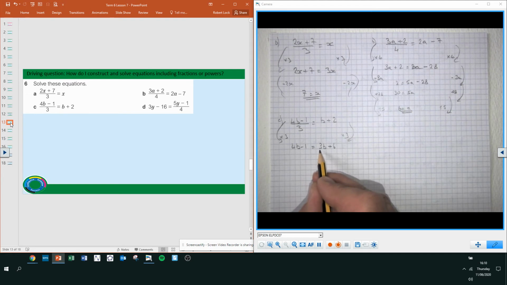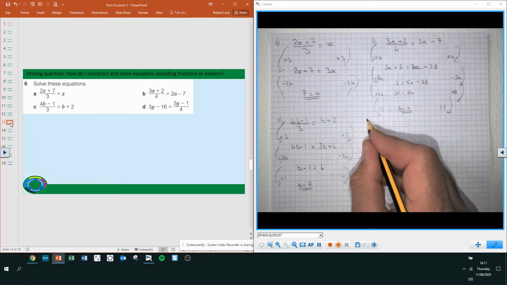I need to get rid of the 3b, put 4b there, so minus 3b both sides. 4b take away 3b is b, minus 1 equals 6. If you get rid of minus 1, we add 1 to both sides. So b equals 7. D.